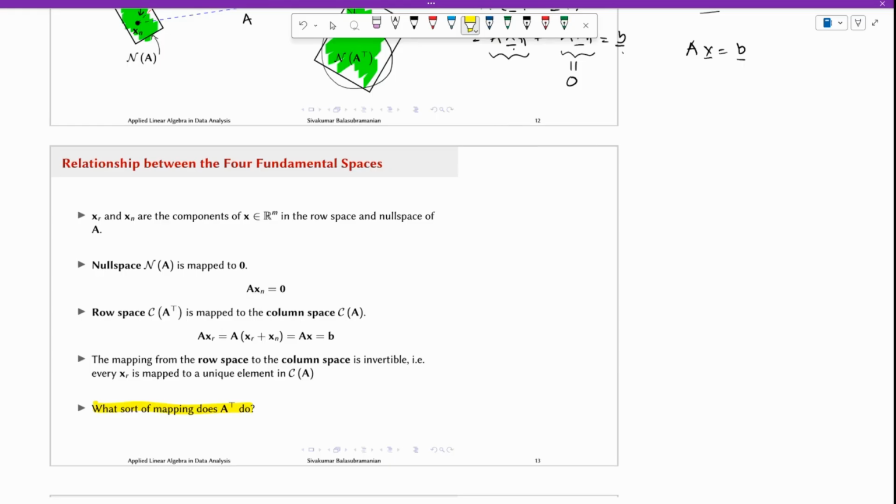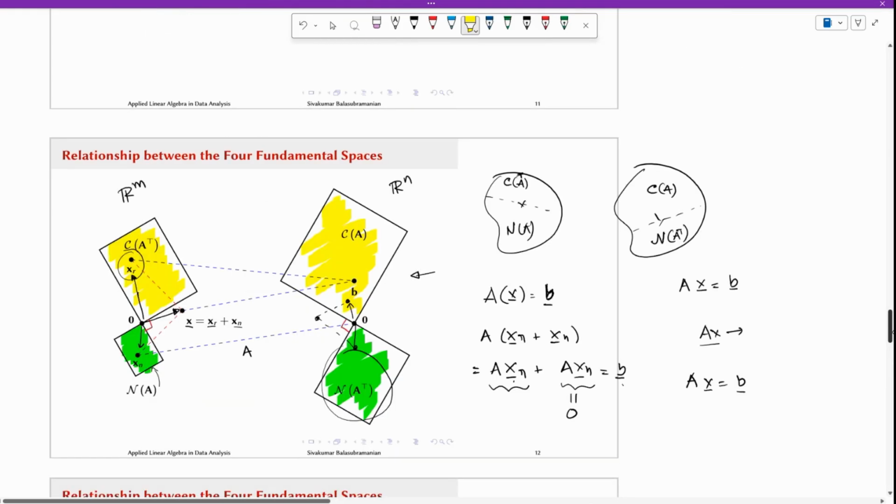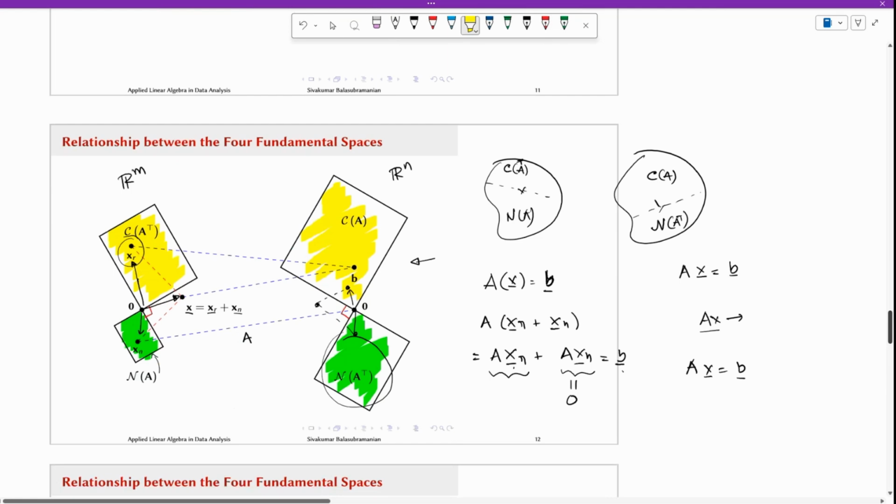That's A. What if the matrix that we were working with was A transpose instead? What kind of a mapping are we talking about then? A does this mapping: A maps the row space to the column space, and the null space to 0. What kind of a mapping does A transpose do?